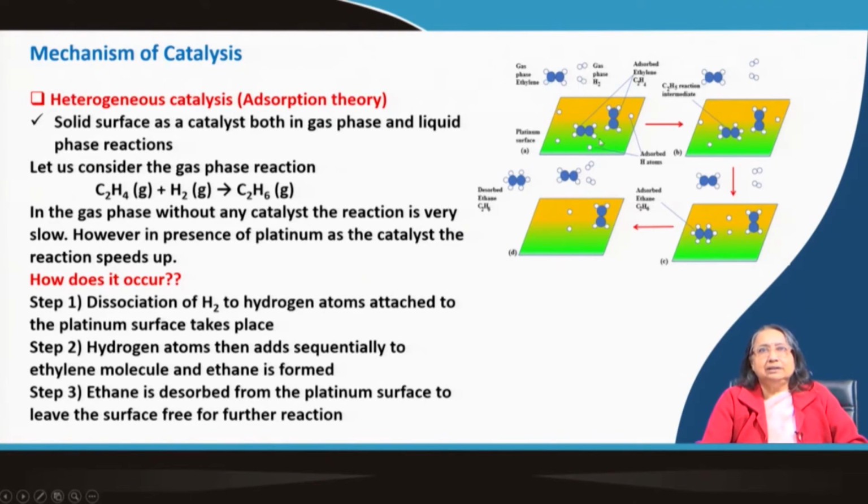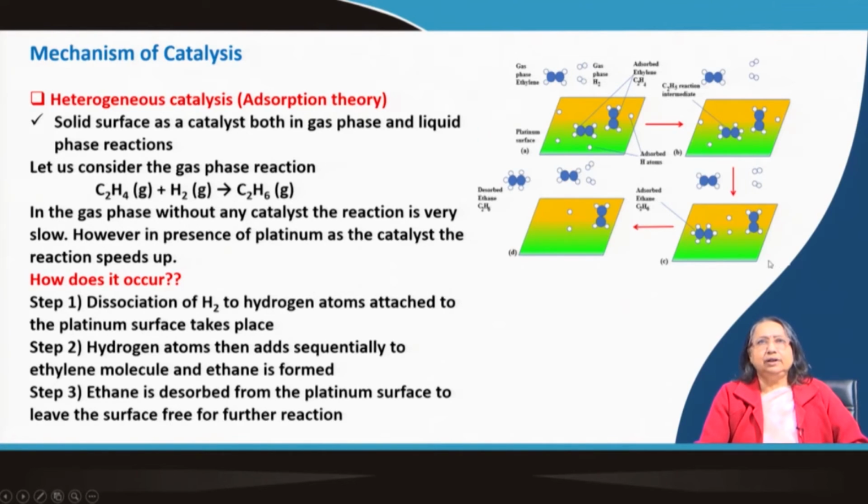First, hydrogen and ethylene are both adsorbed on the platinum surface. Then hydrogen atoms are produced, they are added in a stepwise addition, and finally the ethane molecule goes out.